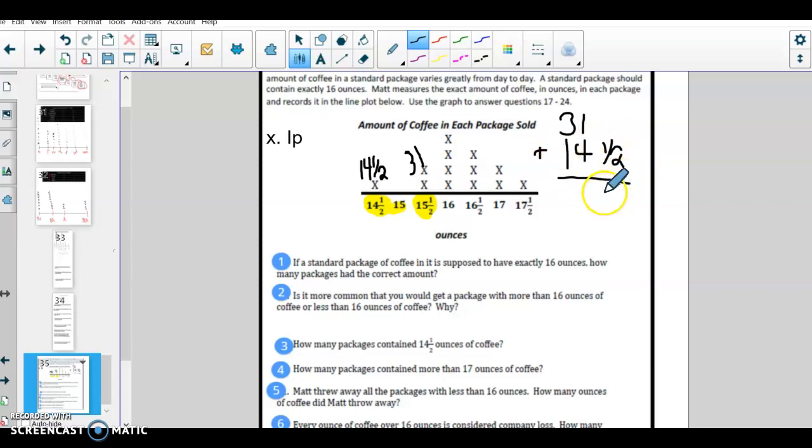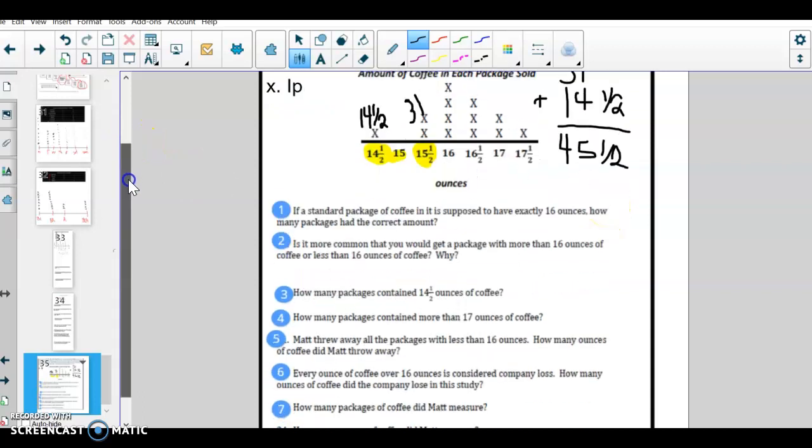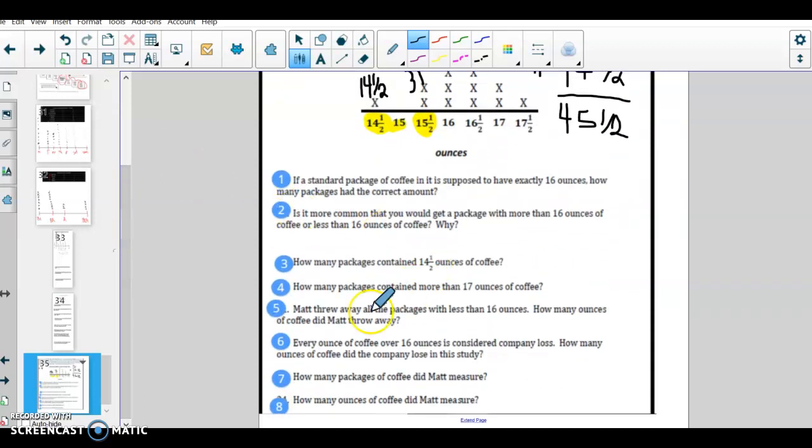Well, if I add them, this is half, because half plus nothing is just a half. 4 plus 1 is 5, and 3 plus 1 is 4. Oh, so how many ounces were tossed out? We would record that for number 5.